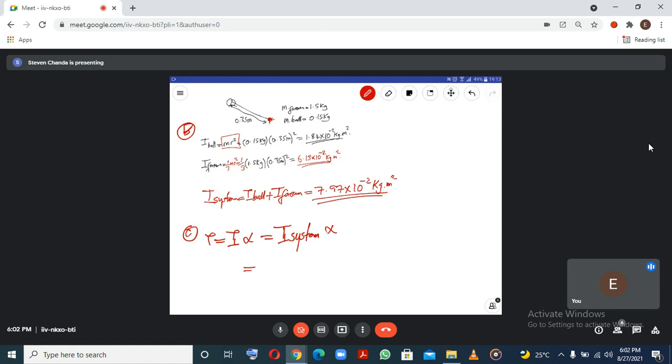Some questions may not even ask you to find the moment of inertia of the system, and then most people will make the mistake of just using the moment of inertia for the ball or for the forearm alone. But the question is saying find the torque exerted on the system. Okay, so that's the thing. So we know that the torque there, or rather the moment of inertia. Sorry, let me write that.